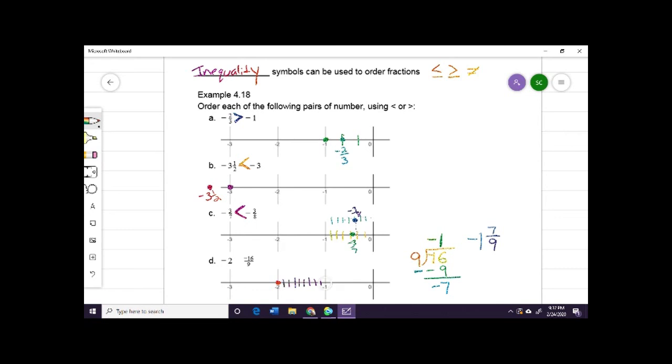And we need 7 of those. 1, 2, 3, 4, 5, 6, 7. Right here. Negative 16/9. Okay, so negative 2 is less than negative 16/9 because it is more to the left.